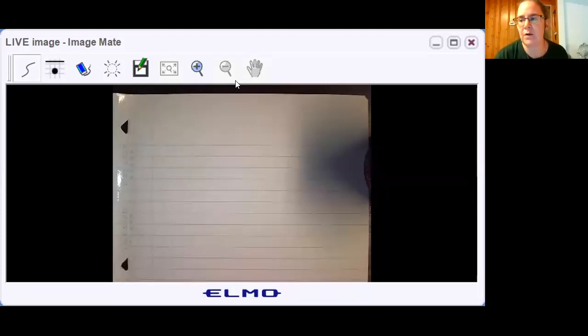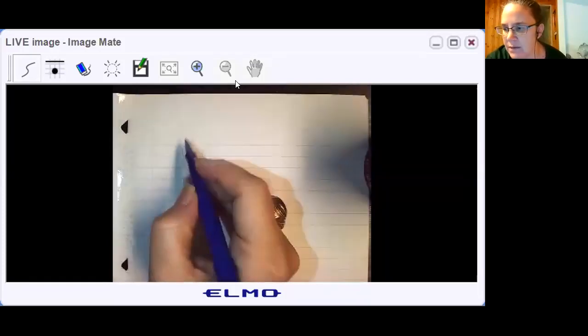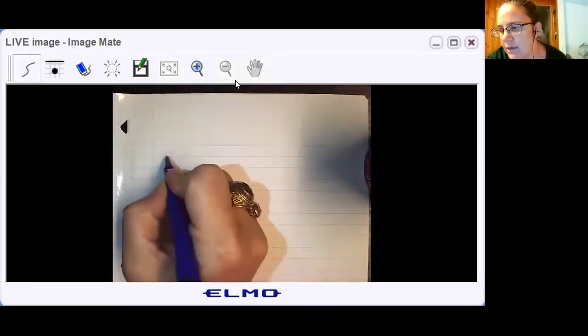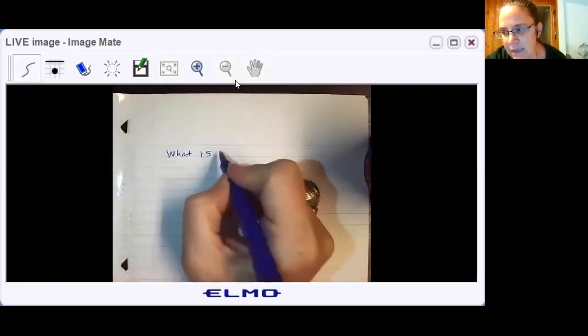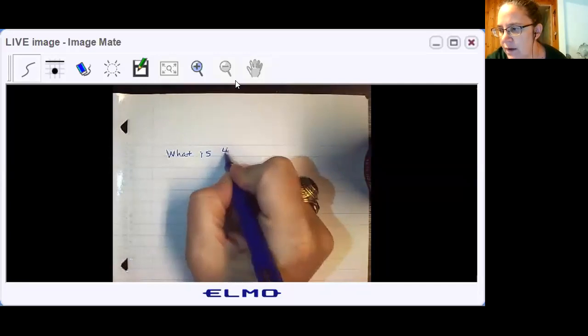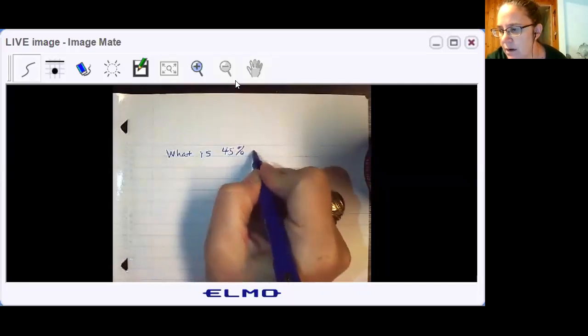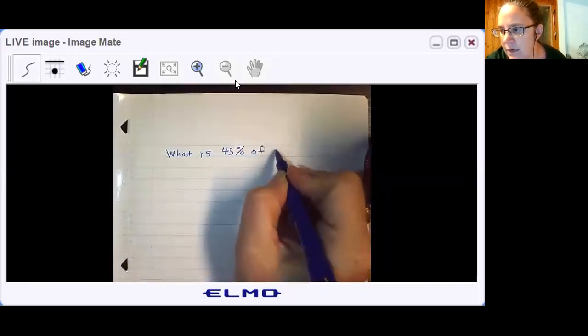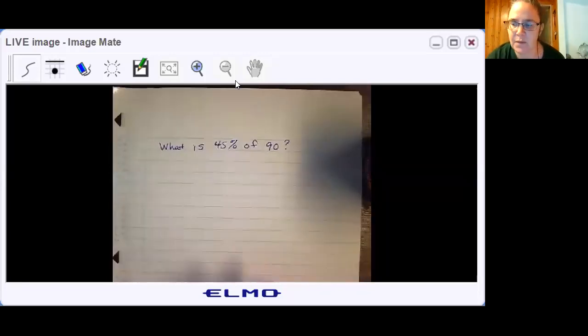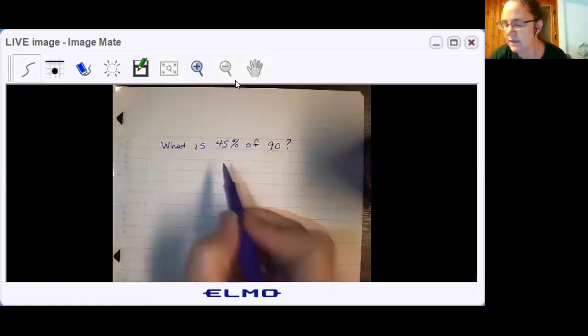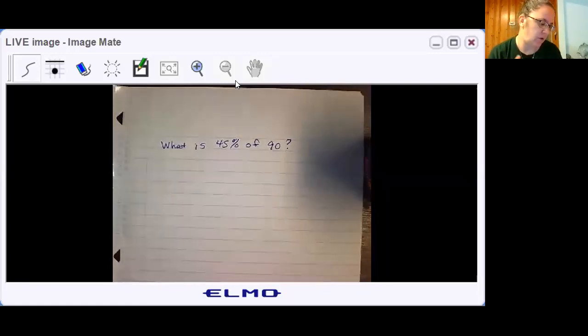Now, if I'm talking about a percent proportion, I'm talking about something that says, what is 45% of 90? So that's my problem. Now, this "is" and this "of" are kind of important, or our part and our whole.